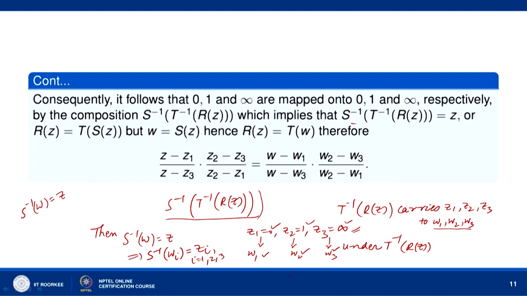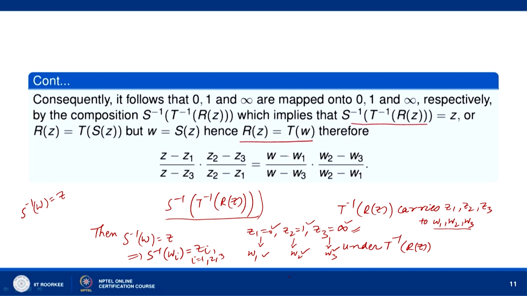So, this S inverse T inverse R z fixes three distinct points 0, 1 and infinity. So, it must be an identity map, and therefore, S inverse T inverse R z must be equal to z, and therefore, R z equals T of S z. But S z equals W. So, R z must be equal to T W. And R z equals z minus z1 over z minus z3, into z2 minus z3 over z2 minus z1.